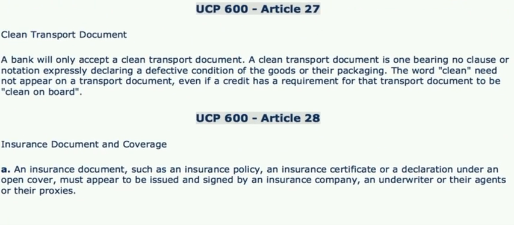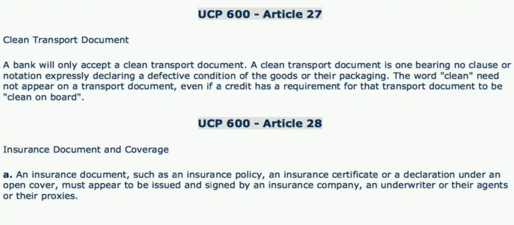Then Article 27. It speaks about the clean transport documents. Clean transport documents are those documents which don't bear any clause or notation declaring a defective condition of goods or their packaging. If there is some clause declaring that the packaging is not in order, the packaging is not perfect, or the goods are in defective condition, it should not be accepted.